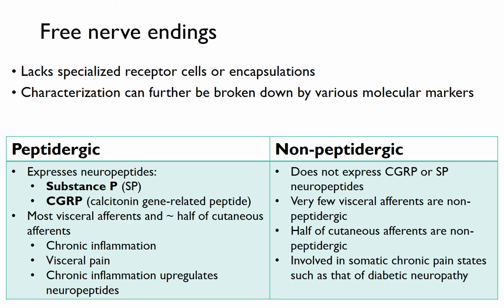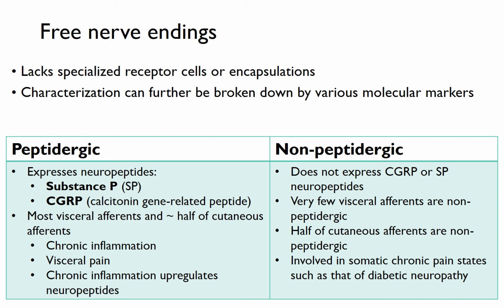But when it comes to free nerve endings, and more importantly, the peripheral nerve itself, from which those free nerve endings are branched off of, they can be characterized further by two very important molecular markers. And those are categorizing them as either peptidergic or non-peptidergic nociceptors.